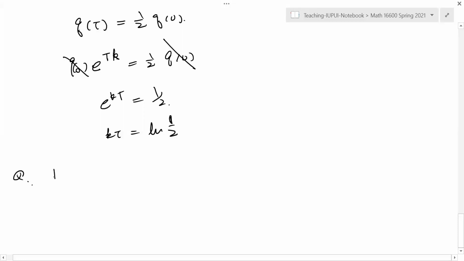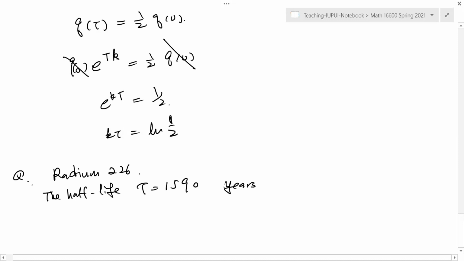We're talking about radium 226. Okay, so we know that the half-life T is going to be 1,590 years. Wow, that's really long compared to the life of a human being.